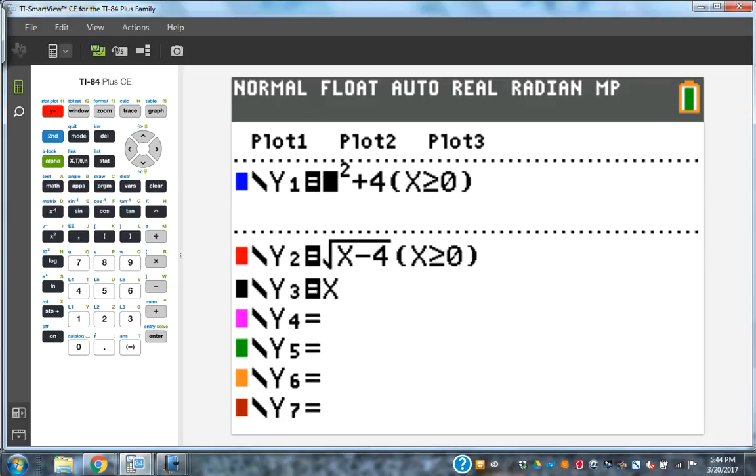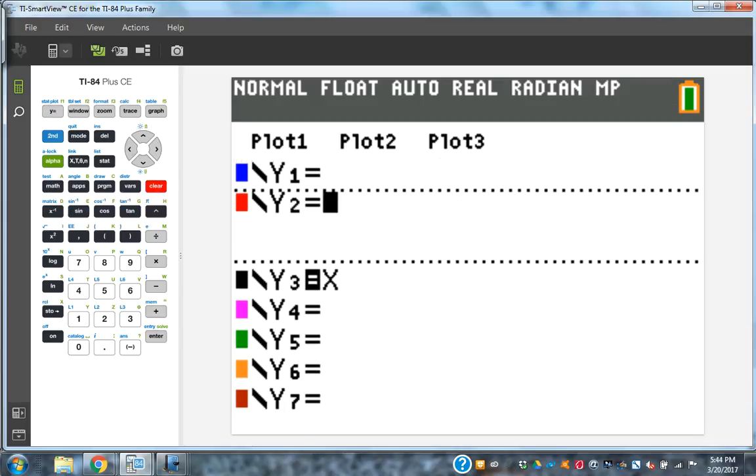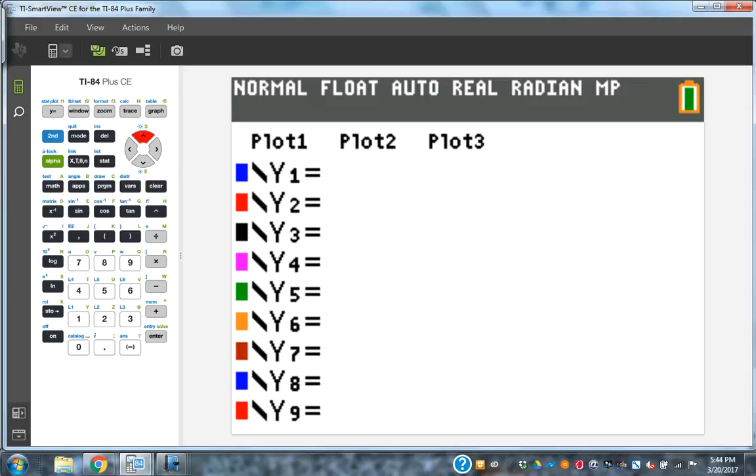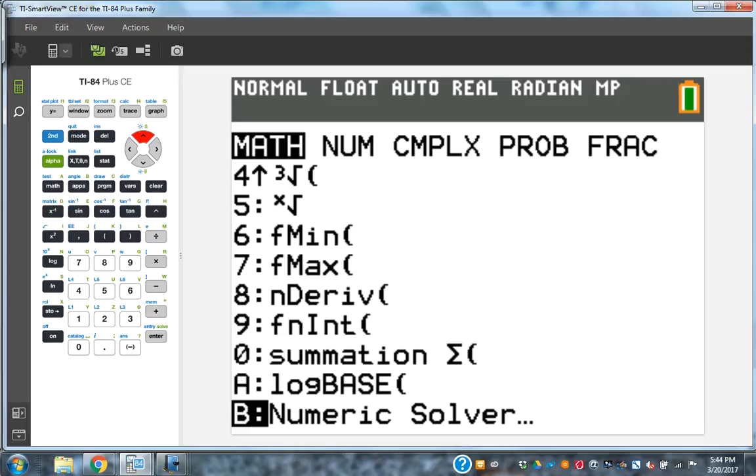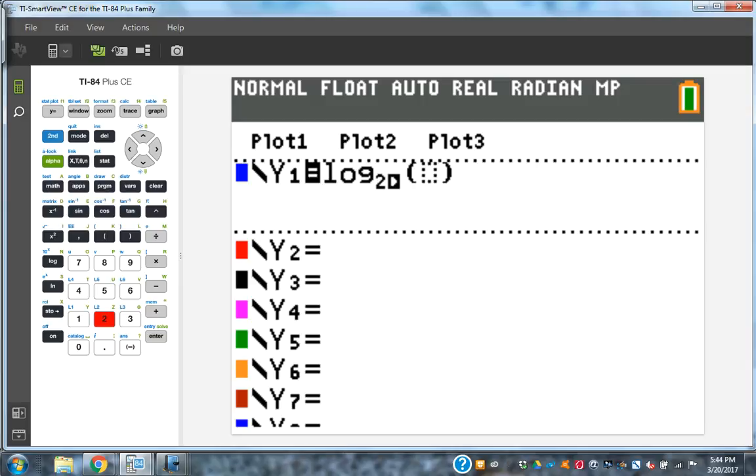Y equals, and then I'm going to clear out all this other junk that we were doing earlier. And then I'm going to hit math, up arrow till I find log base, and I'm going to put in log base 2 of x plus 3. I'm going to hit graph.